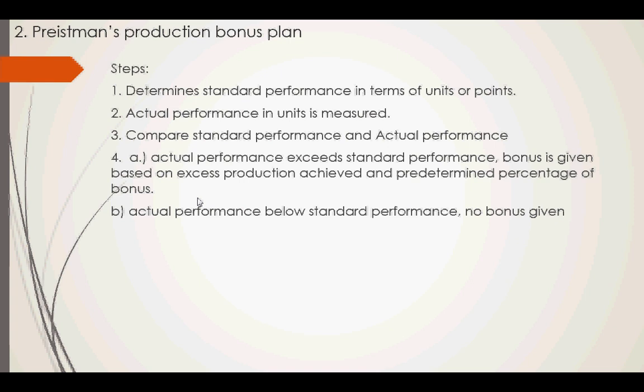In terms of points, standard performance is set like 1, 2, 3, 4, 5, 6, 7, 8, 9, 10 on 10 points. So that is the standard performance. Actual performance is also measured, how the actual performance has been rendered by a group. Compare the standard performance set with the actual performance rendered by the group.